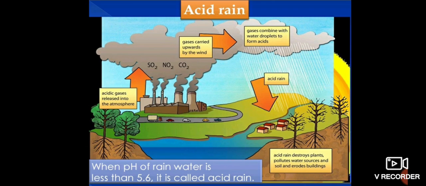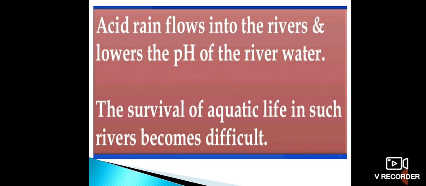These poisonous gases combine with water droplets to form acids, and it falls on the ground as acid rain. Dear children, acid rain destroys plants, pollutes water sources and soil, and erodes buildings. Acid rain flows into the river and lowers the pH of river water.